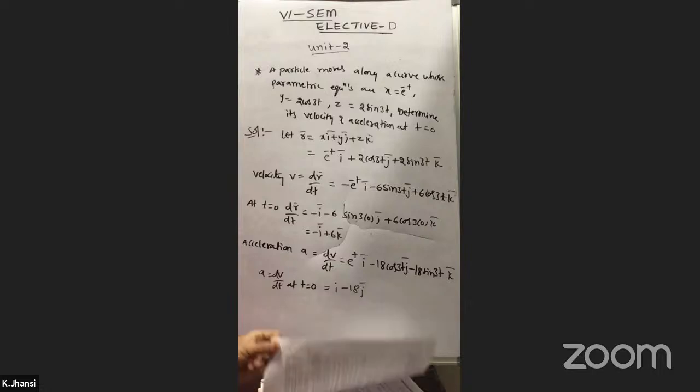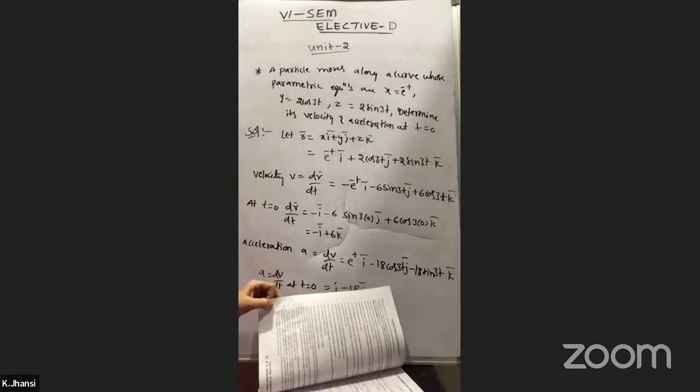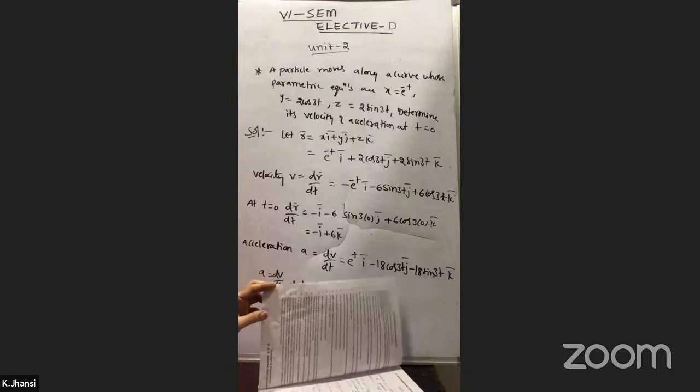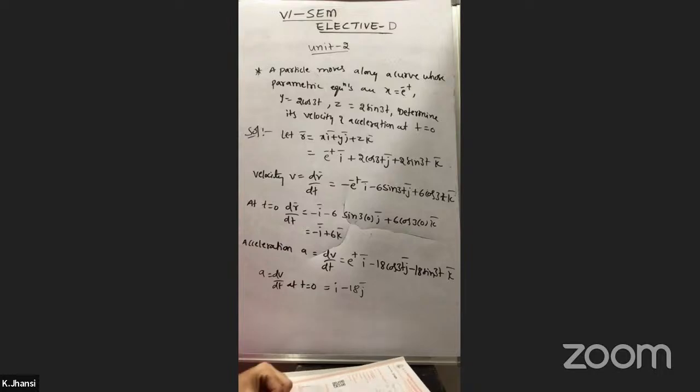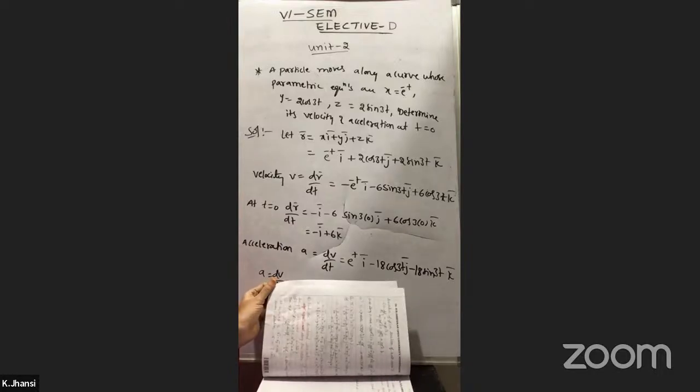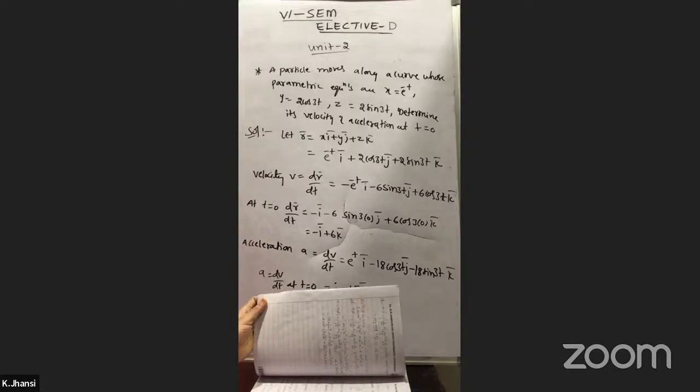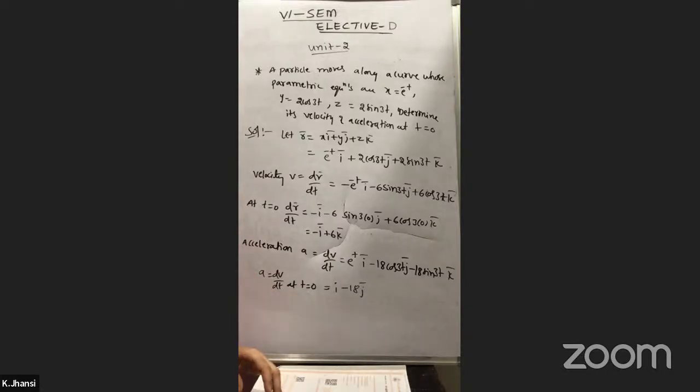The third unit is a very important one. We have the concept of the gradient of a scalar point function, the divergence of a scalar point function, and also the curl of a function. These three are important for solving the problems.